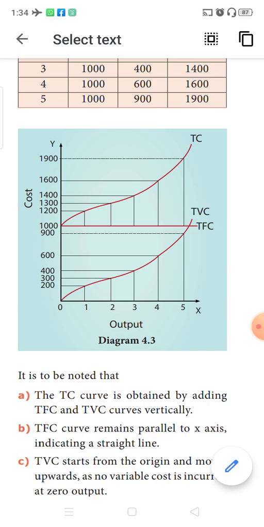When 1 unit is produced, 1200 is the cost incurred. When 2 units are produced, 1300. When 3 units are produced, 1400. So when you plot this, you will get an upward sloping curve, but it starts from the TFC point, that is 1000, the total fixed cost, and the slope of the TC and TVC will be almost the same.